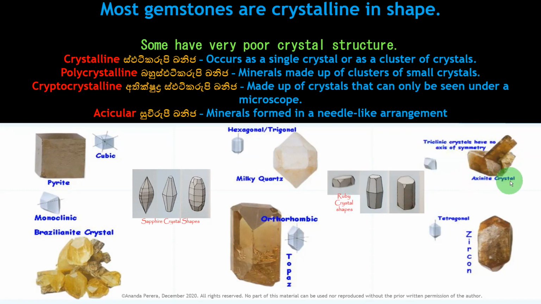Example is axinite crystals, no symmetrical axis. Here, tetragonal. It is circle, tetragonal. There are 4 sides giving orthorhombic. It is this shape. You can see the symmetrical axis. It is topaz. So remember this axis. It is very important to recognize the rough gem.